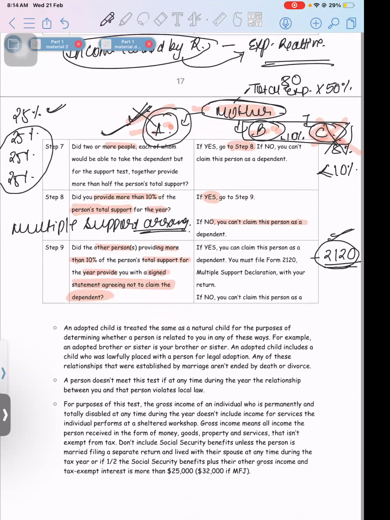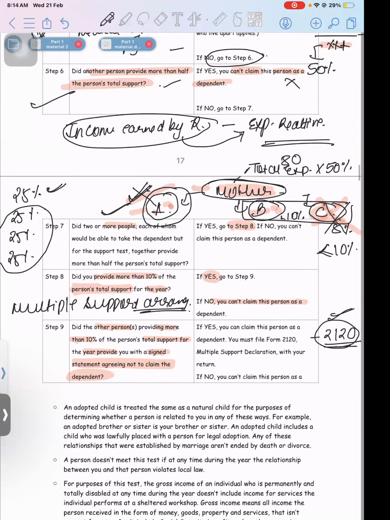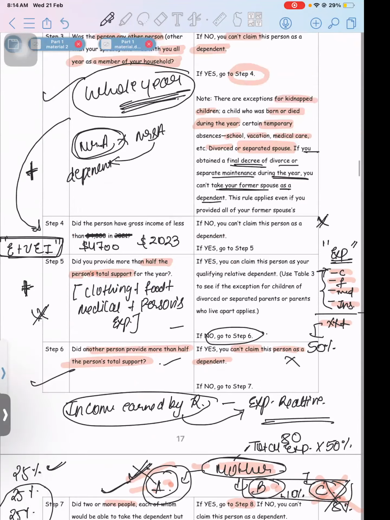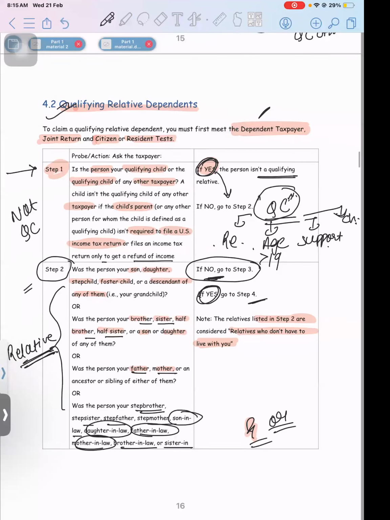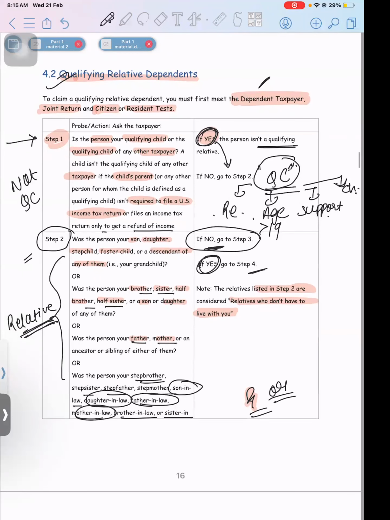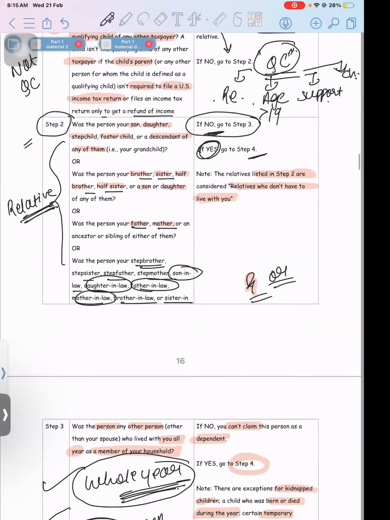See here, there is a 9-step process you need to go through to check whether a person is a qualifying relative or not. In any other material, this qualifying relative definition is just given in a paragraph format. Why are we doing it stepwise? So that you do not miss any of these steps.